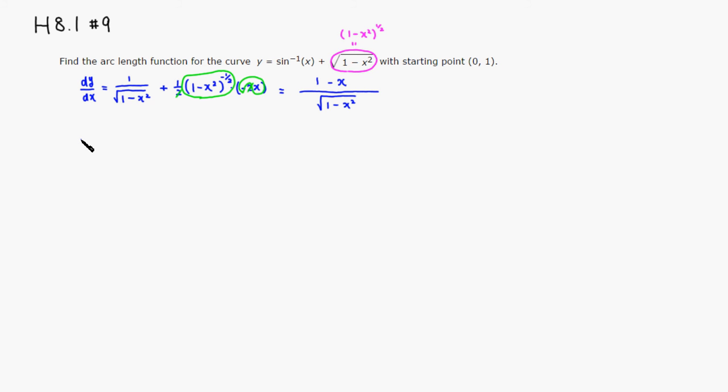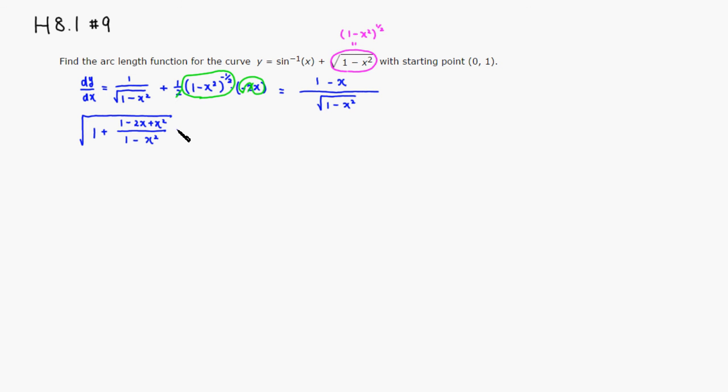Then we have the derivative. So let's simplify the integrand for the arc length function. It's going to be 1 plus dy over dx squared, so we have to square that. So we have 1 minus x squared. Then if you square 1 minus x, you get 1 minus 2x plus x squared.